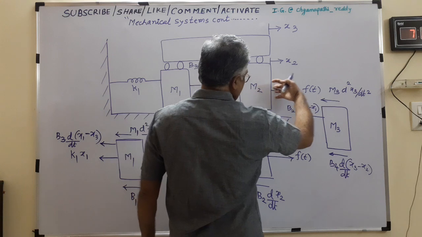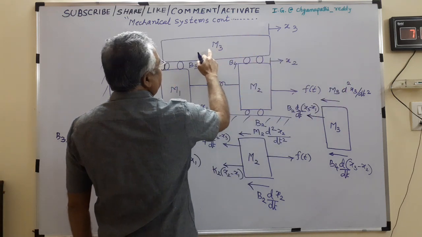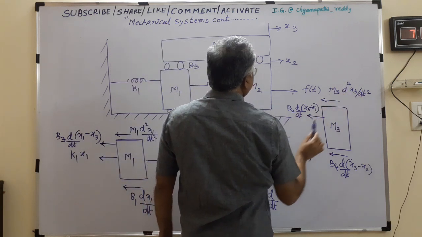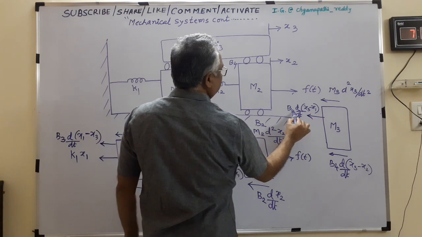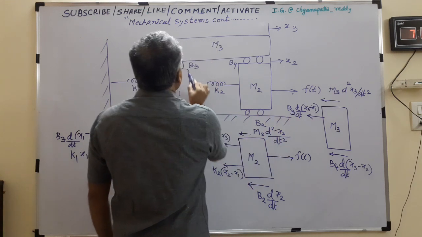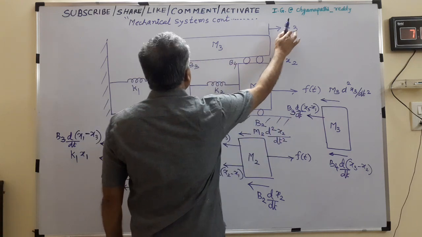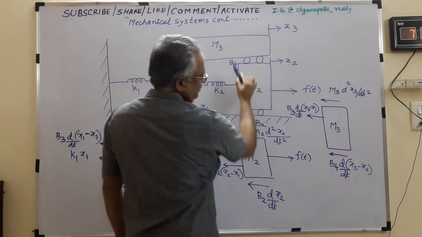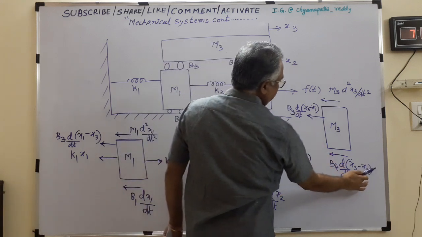So when we are pulling this side against this na, so what is opposite? M3 d square x3 by dt square. This one B3, this is B3 d by dt of, for M3 we are writing x3 minus x1. This one B4 d by dt of x3 minus x2.